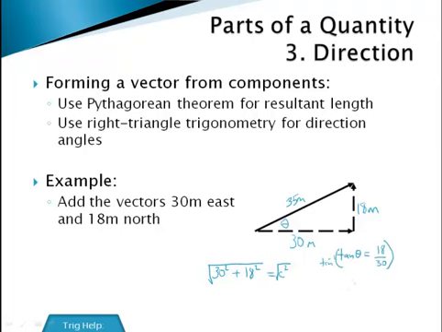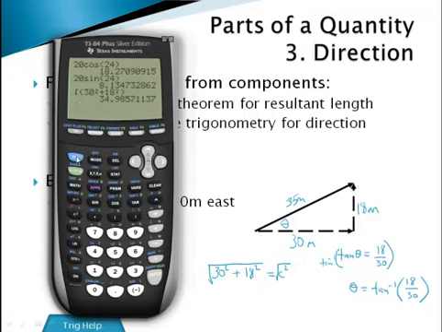And that would give us theta equals the inverse tangent of 18 over 30. The inverse tangent is second tangent of 18 over 30. And just by looking at the picture, it would be something like 20 degrees.